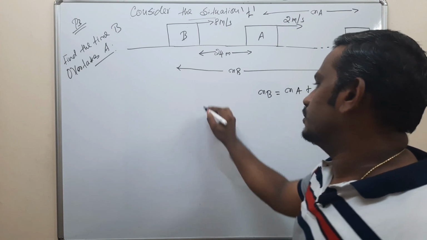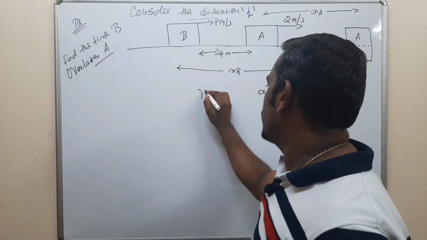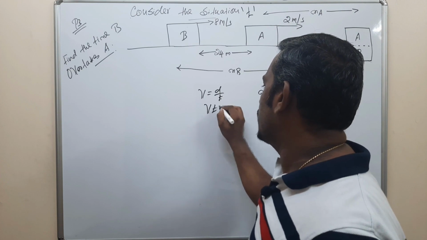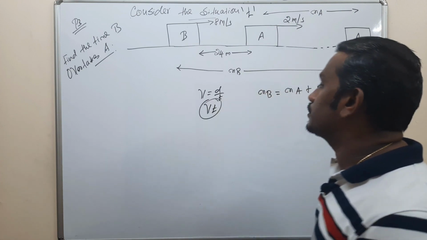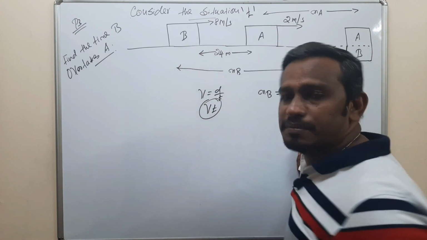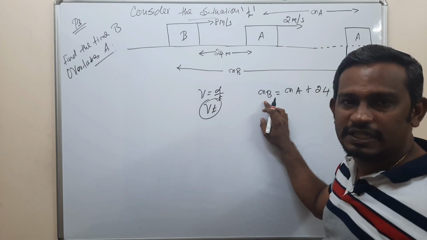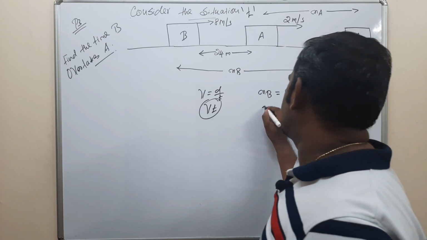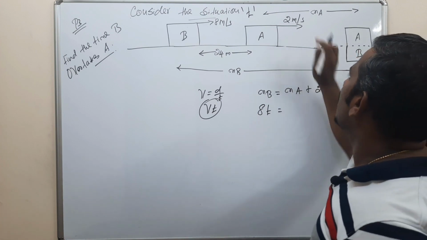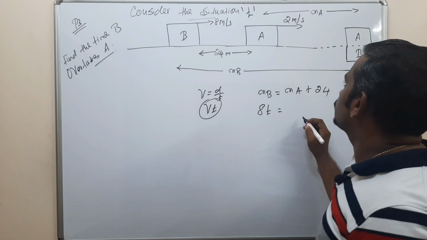We know the relation of distance in terms of velocity and time. Velocity is equal to distance by time, so distance equals velocity into time. Car B is moving with velocity 8 meter per second, so it covered the distance XB after time t: 8t is equal to 2t plus 24, since car A is moving with velocity 2 meter per second.